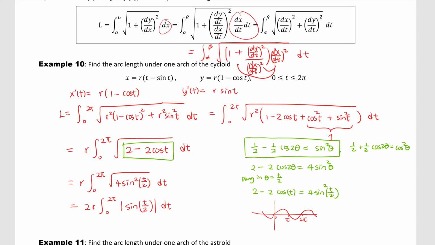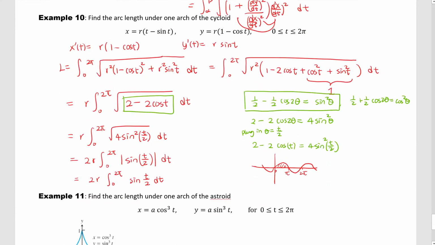So the angle is now between 0 and pi. You can see that the entire function is positive. So that's why the absolute value of sine t over 2 is just sine t over 2, because sine t over 2 is positive over 0 to 2 pi.